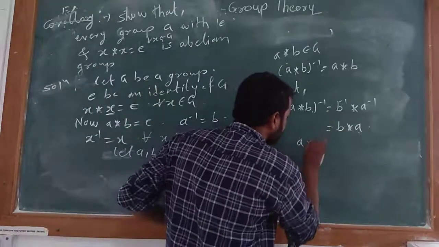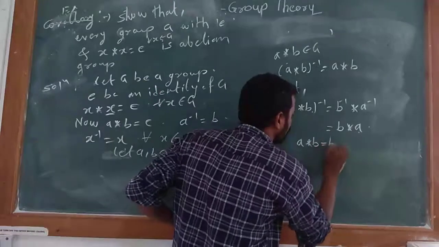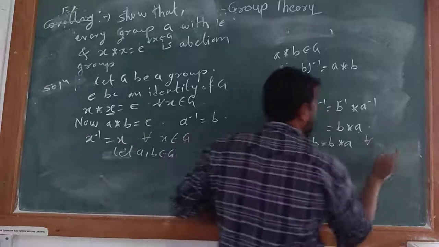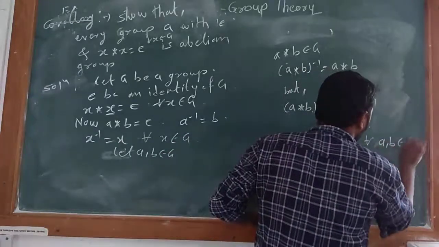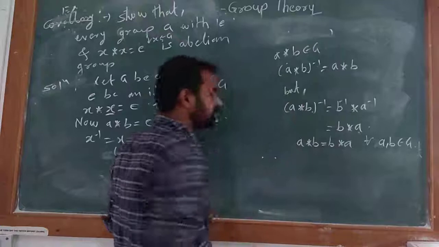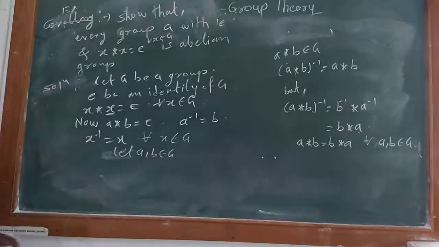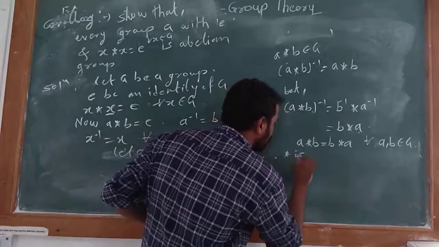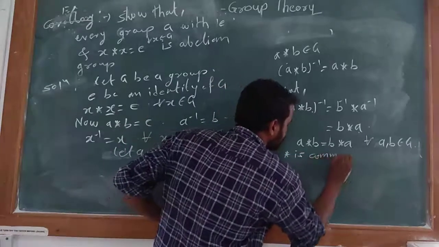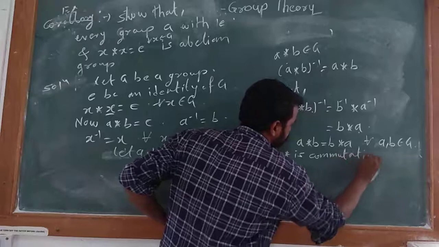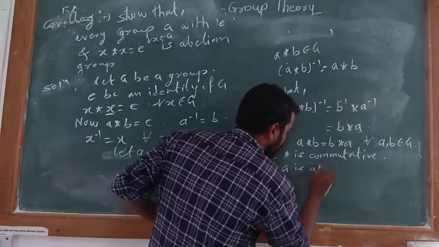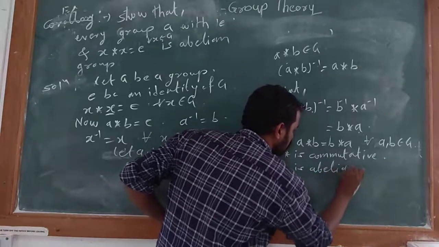Therefore, we get A star B is equal to B star A for A comma B belongs to G. Therefore, star is commutative. Therefore, G is abelian.